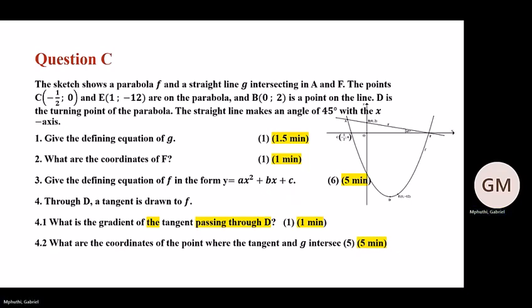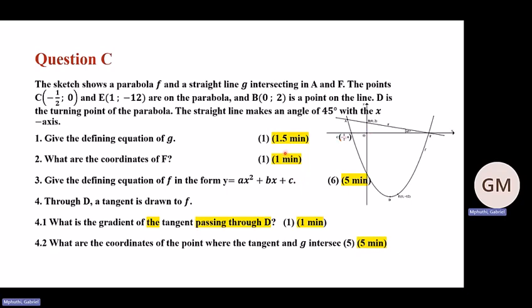So there you have that root, the x-intercept there, and you will have determined the coordinates of F in number 2, and you should actually know how to work with that in order to find that.